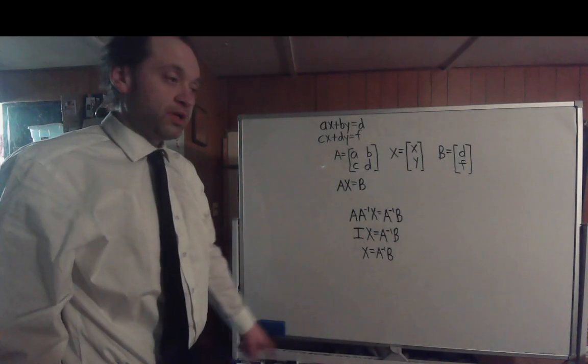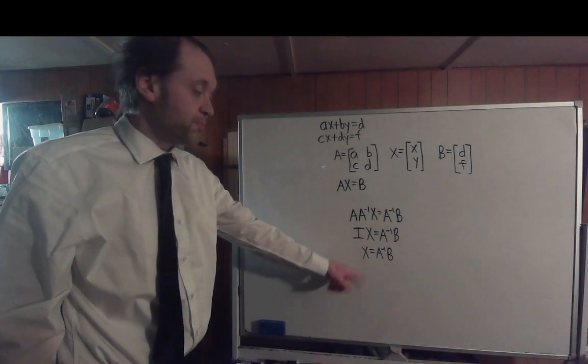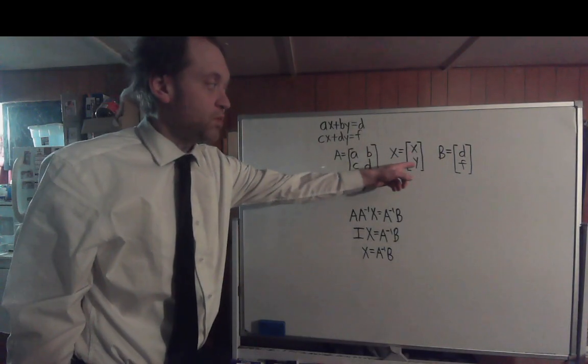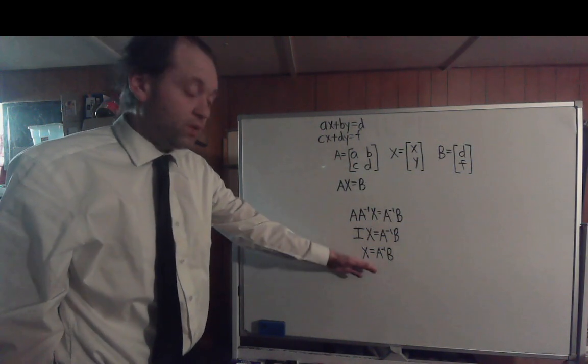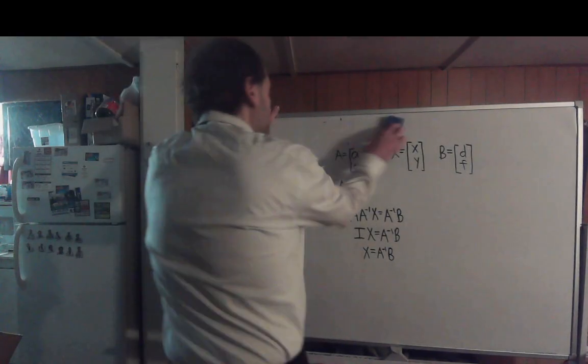So what that really turns into is that the value of matrix X is equal to A inverse times B, and matrix X is your x and y, so that gives you your direct values for x and y. So let's demonstrate here with some systems.